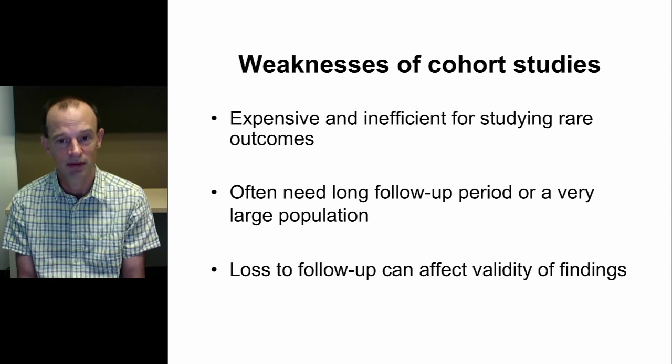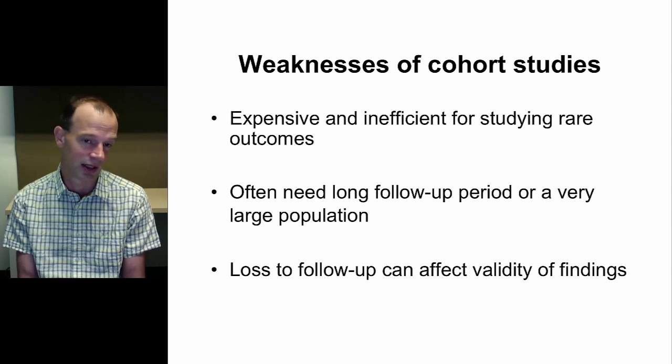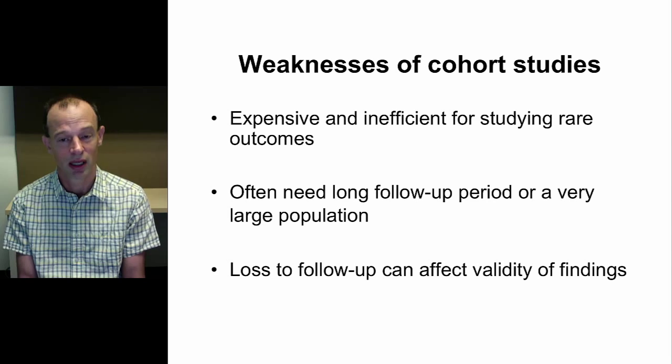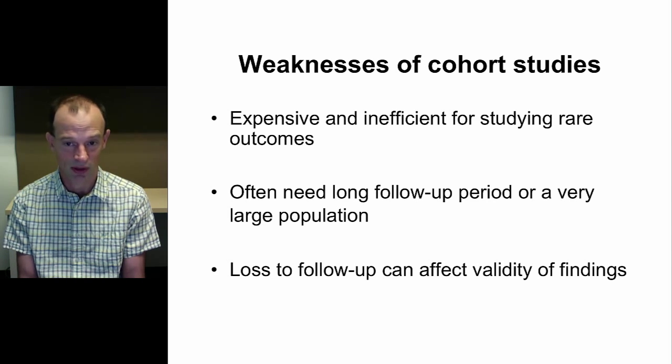However, weaknesses of cohort studies. They're often expensive and inefficient for studying rare outcomes. In the example of following cigarette smokers, you would have to follow cigarette smokers for a very long time before many of them develop lung cancer, and certainly to be able to determine whether cigarette smoking was associated with lung cancer.